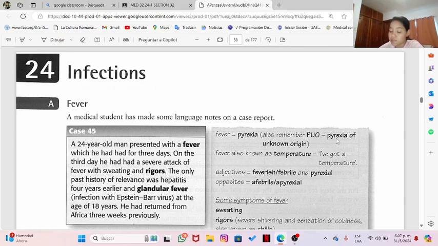The only past history of relevance was hepatitis 4 years earlier and glandular fever, infection with Epstein-Barr virus at the age of 18 years. He had returned from Africa 3 weeks previously.